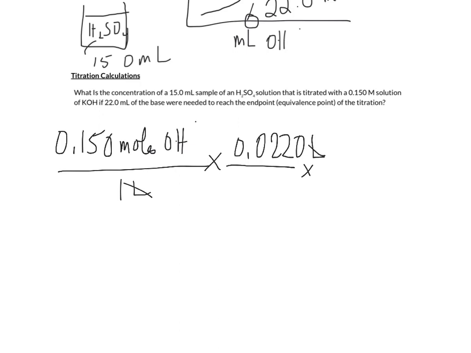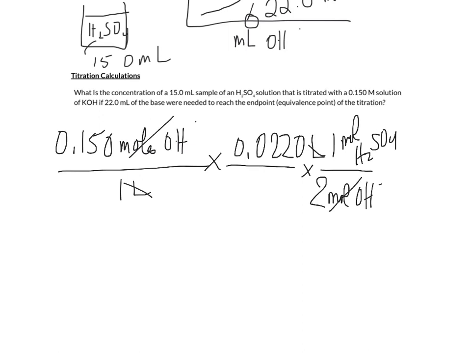And according to my balanced chemical equation, 1 mole of H2SO4 is neutralized by 2 moles of hydroxide. Again, using the diagonal rule, leaving the 2 on the bottom and dividing by 2, I'm now converting the moles of base added to the moles of acid that must have been there at the point of titration, or in totality.